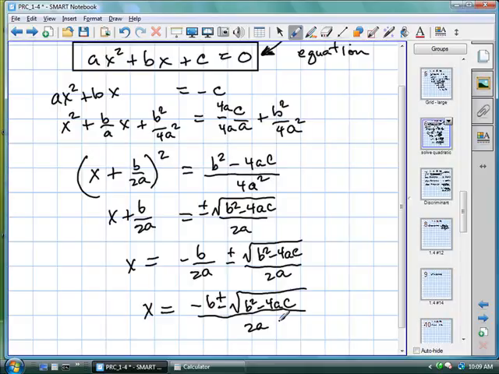You mean to have a negative there? Oh, absolute value of 2a. I'm not sure. Let me think about that. When they divided through, I'm going to have to think about that.